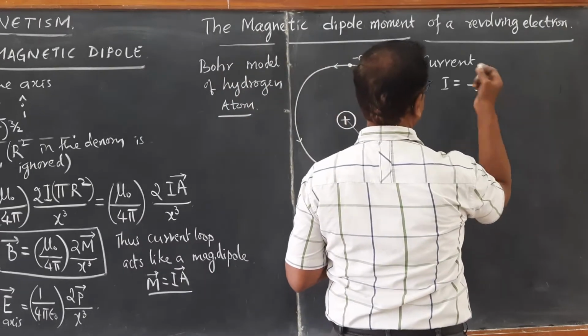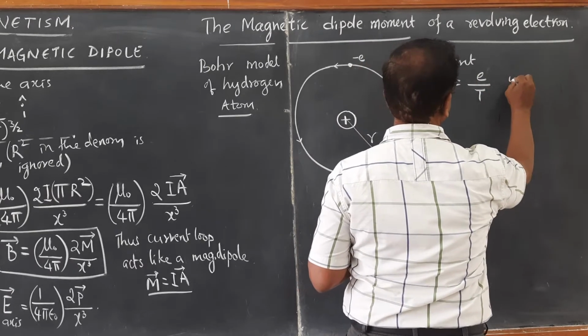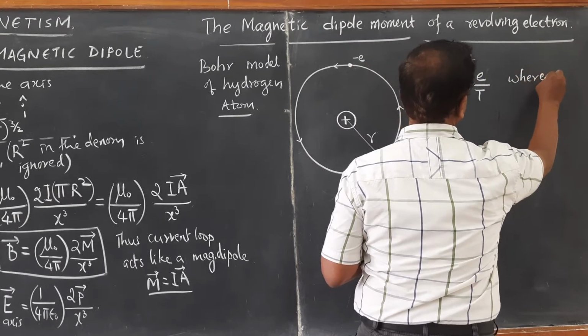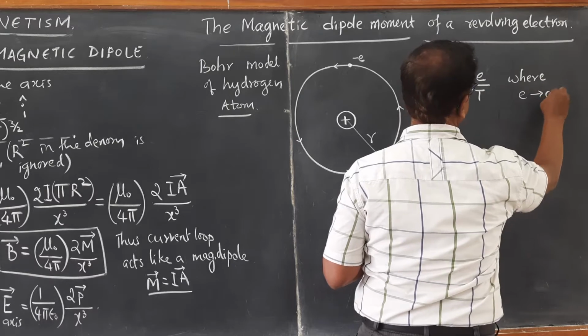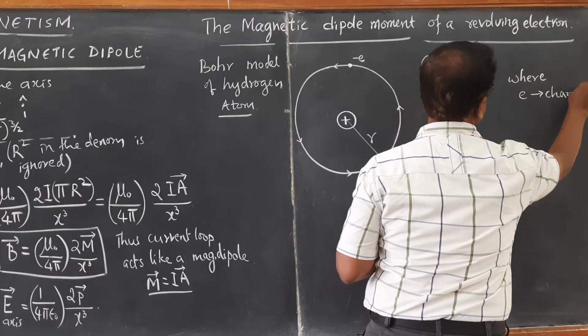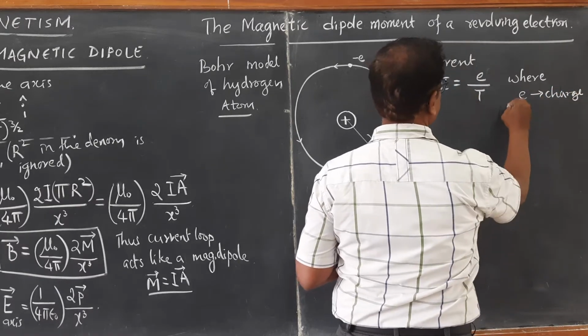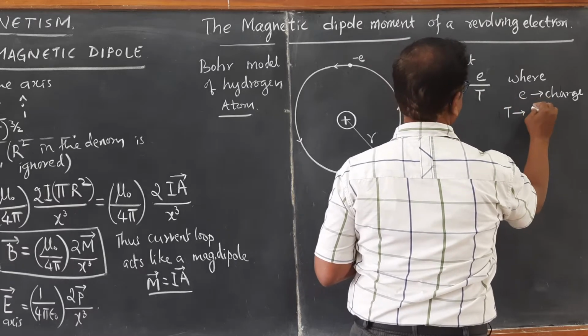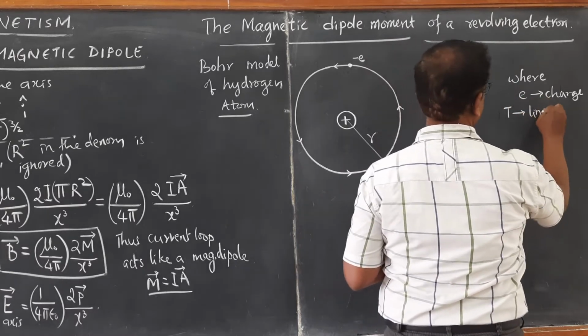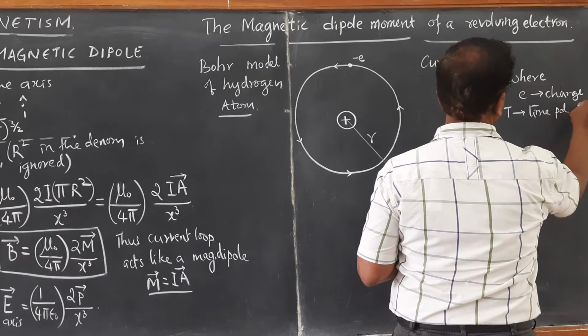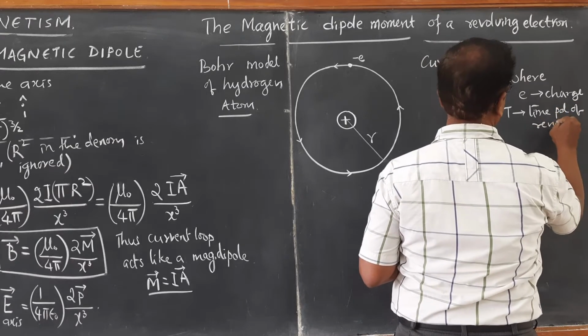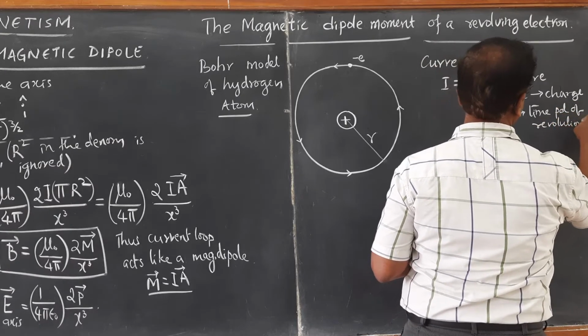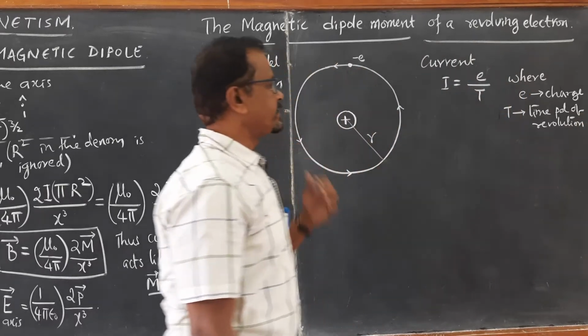So, plus e upon T, where e is the basic electronic charge, and T is the time period of revolution, the time taken for one complete revolution.